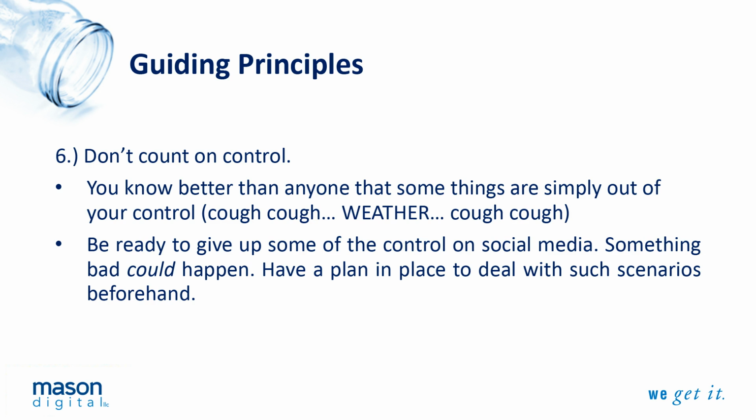I'm sure they all will be, but there will be times where someone may say something negative about your business. It's important to be able to deal with those situations in a very meaningful way that's going to, in some cases, turn somebody who isn't happy with your products into one of your biggest advocates and fans. So knowing how to interact with those situations and being okay with giving up some of that control before you get involved will make that situation much, much easier as you go on with your involvement in social media.